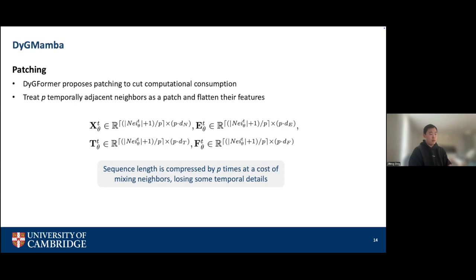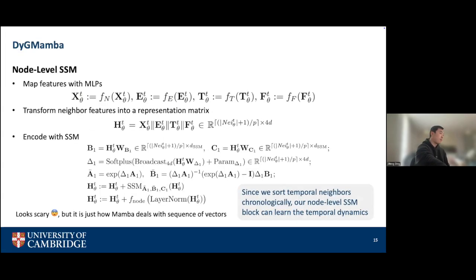But when we do this, we save computational resources at the cost of mixing neighbors, which means that we will lose some temporal details. And I will show some experiments about it in the later slides.